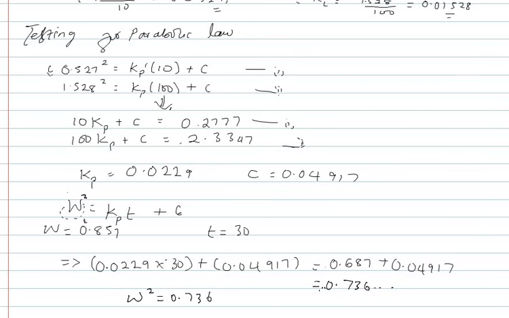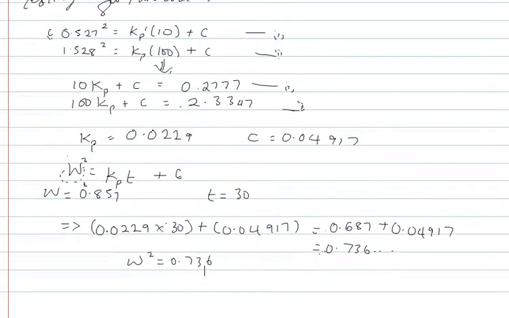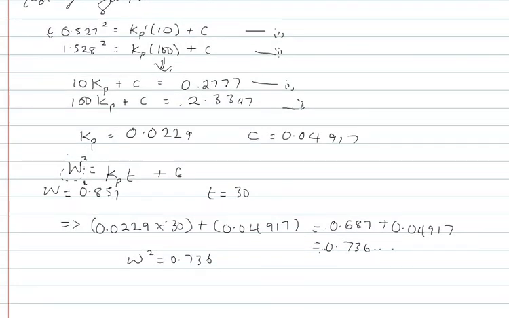Hence our W is going to be the square root of 0.736, right? And of course our value is not going to be negative, it's going to be positive, and it's 0.8579. Now this of course is similar to our value of W, so we can say that indeed our oxidation law followed is parabolic.